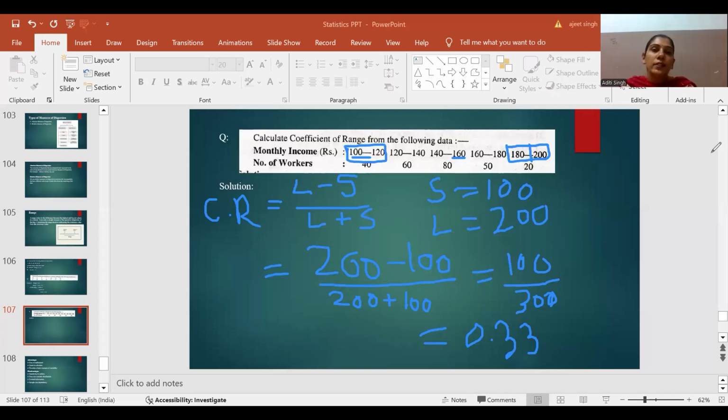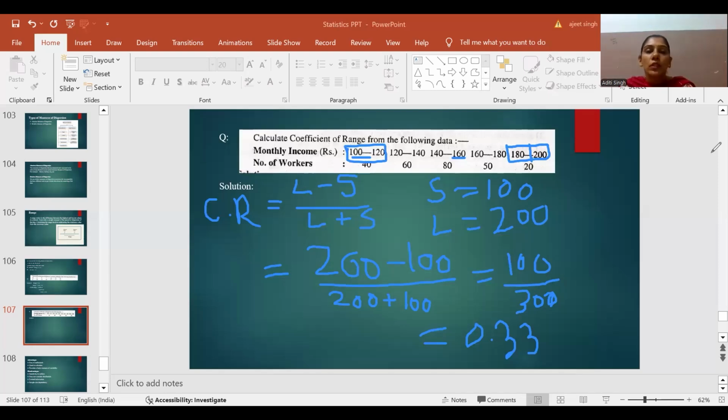Basically, range provides a basic measure of variability. Despite its simplicity, the range gives a basic indication of the spread or variability of the data. A large range suggests great variability, while a smaller range suggests less variability. So this is how it is helpful, and these are the advantages of applying range.